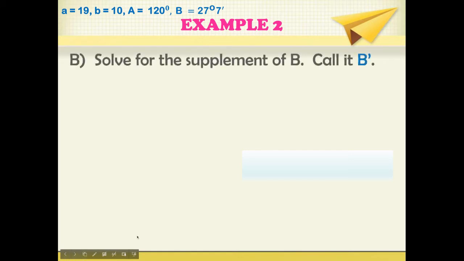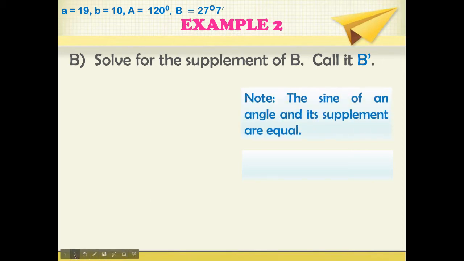Now let's try to solve for the supplement of angle B. Let's call it B prime, denoted by this notation here. Now note that the sine of an angle and its supplement are equal. Therefore, angle B plus angle B prime is equal to 180 degrees.